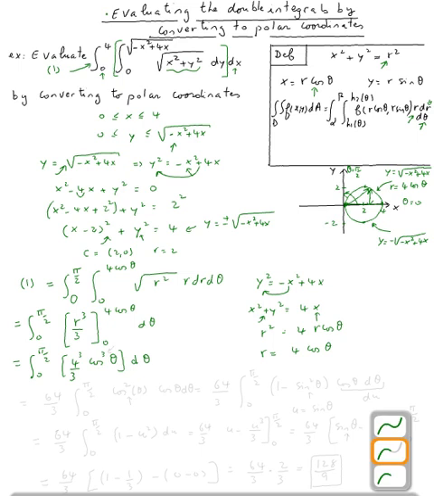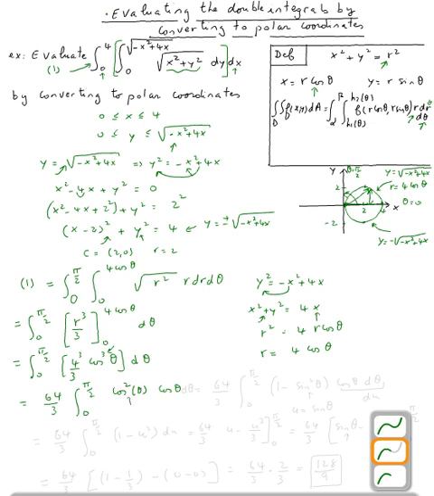Make sure we didn't mess up. r squared, r cubed over 3. Yeah. Now, 4 times 4 is 16, 16 times 4 is 64. So let's take 64/3 outside. Now because this is odd, I'm going to write it as cosine squared of theta times cosine theta.